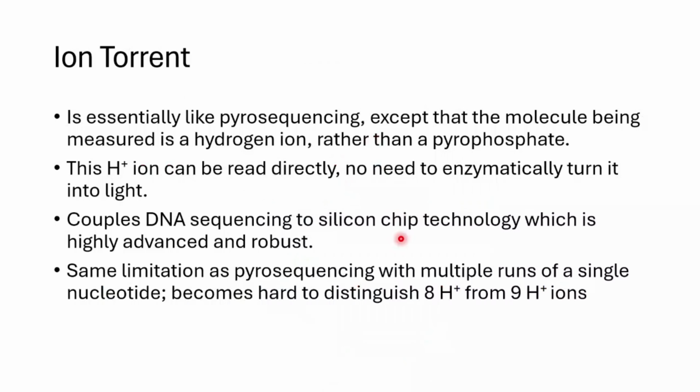What else? So one thing that's interesting about this is that you're working with silicon chips. You're not working in some sort of buffer or whatever. Well, not true, but you're working with these chips that can directly detect the pH. So obviously this makes the machine much smaller, much more portable.